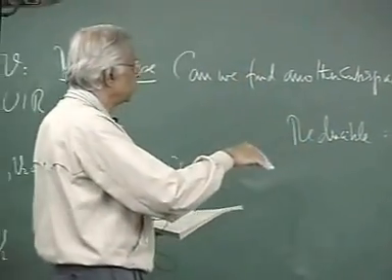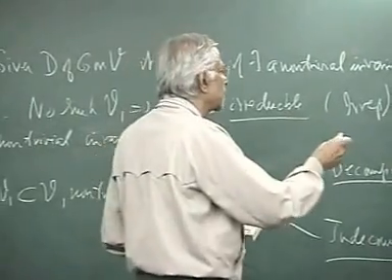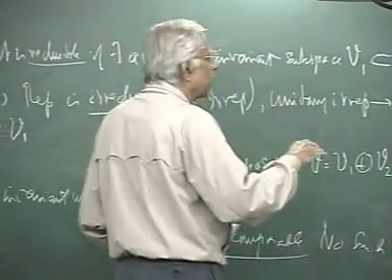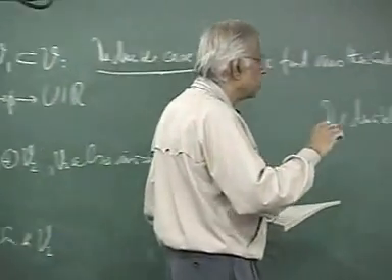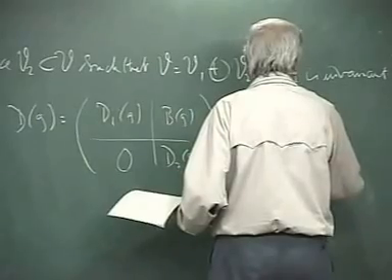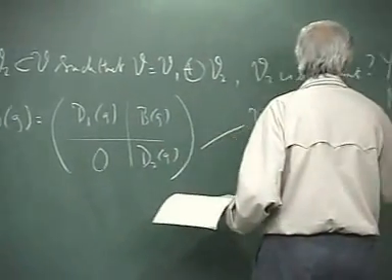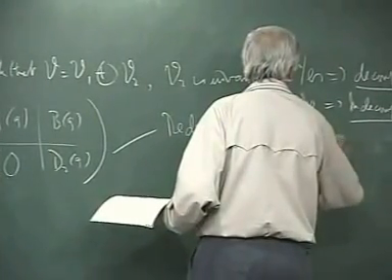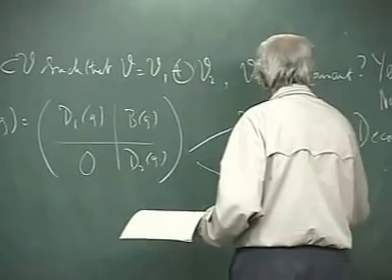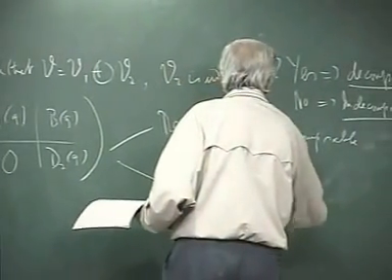On the diagonal, block diagonal, the set of matrices D1 of some dimension describing the representation in V1. Now, if it is possible to reduce B to 0, then decomposable. If this is not possible, it is indecomposable.